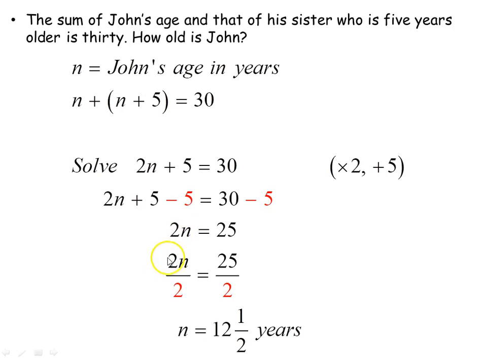The inverse operation for times 2 is divide by 2. And what we do to one side of the equation, we must do to the other. So 2n divided by 2, well, that 2 and that 2 cancel because 2 divided by 2 is 1. We're left with 1n. 25 over 2 gives us 12.5. So John's age is 12.5 years. He is 12.5 years old.